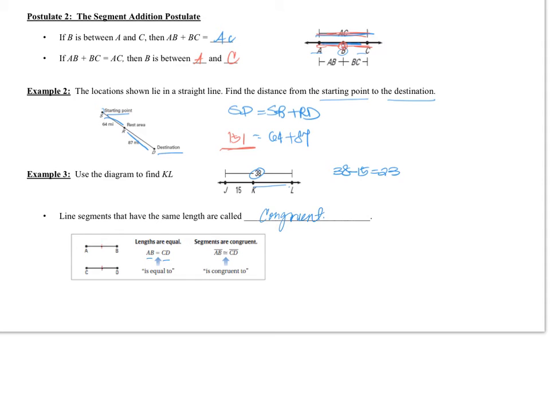When we express that segments are congruent, we will use the segment symbol. So segment AB, and the congruent symbol, and set it equal to another segment CD. That's the difference.